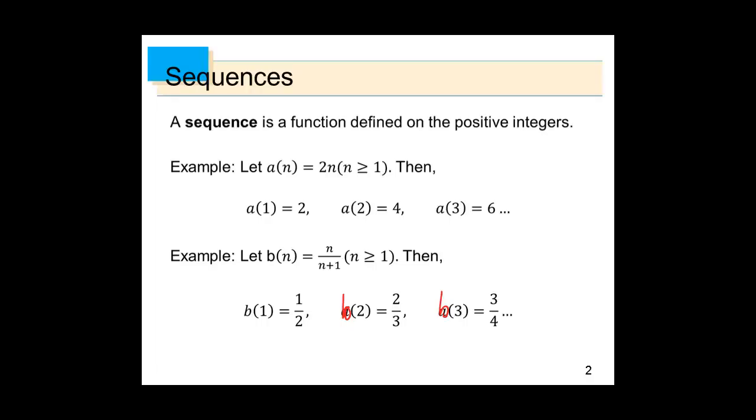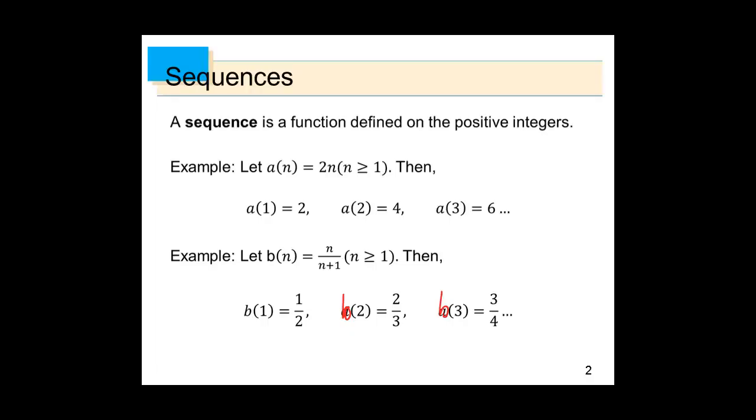A sequence is just a function where the domain of the function is the set of positive integers 1, 2, 3, 4, and so on. So it's any function where the domain is just the positive integers. Okay.